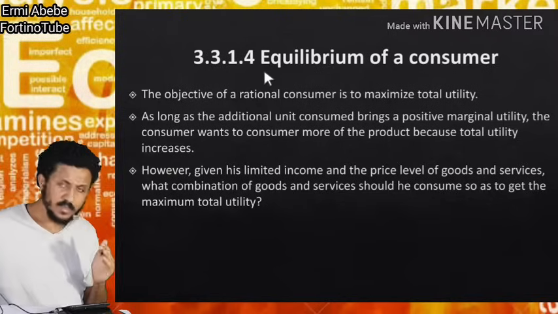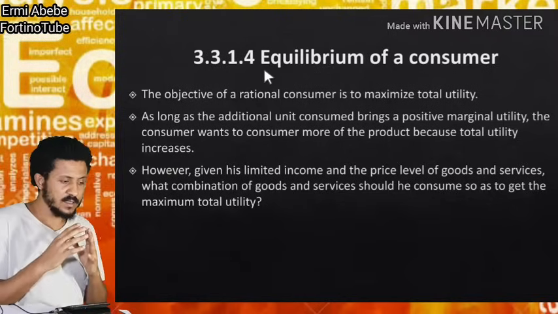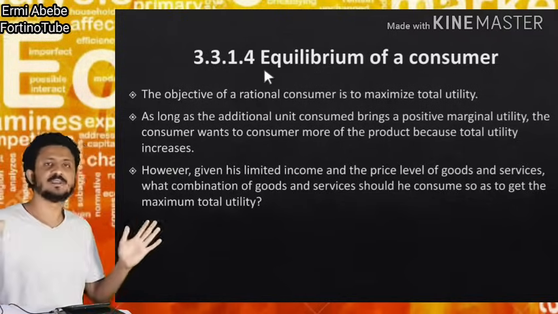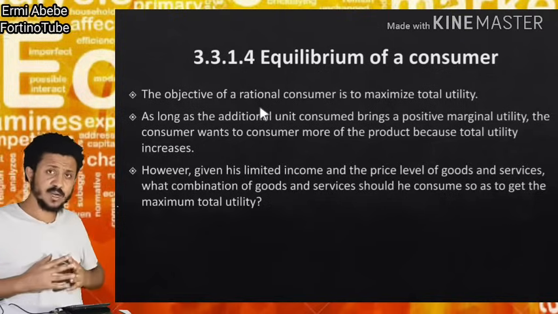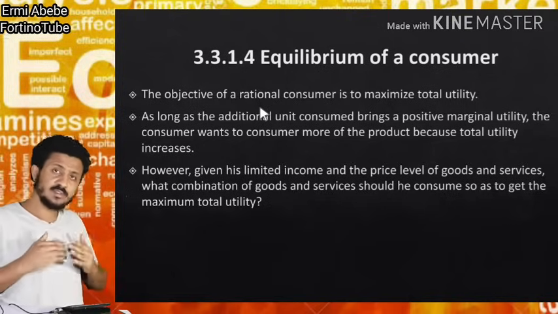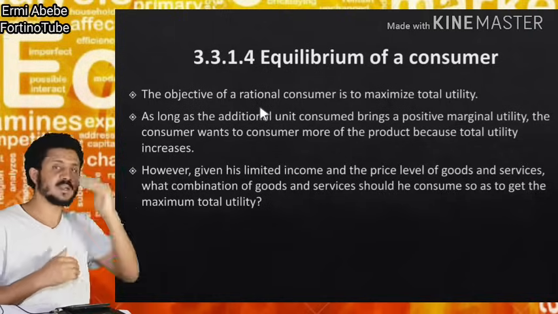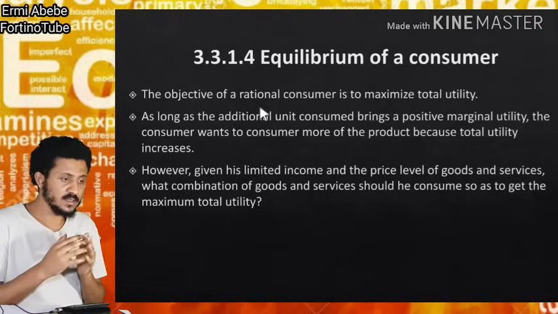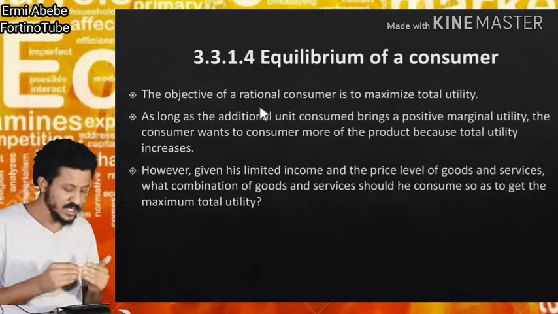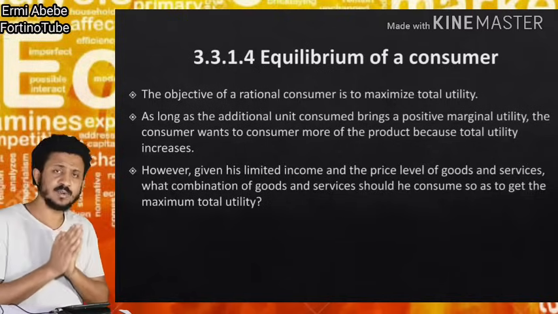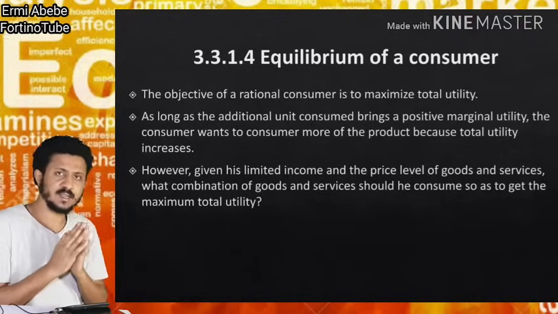So equilibrium is a point at which satisfaction is maximized. So the objective of any rational consumer is to maximize total utility, that is, to reach the maximum on the total utility curve. But the consumer cannot do that because of budget limitation. Because of the budget limitation, it is difficult to consume until total utility is maximum.